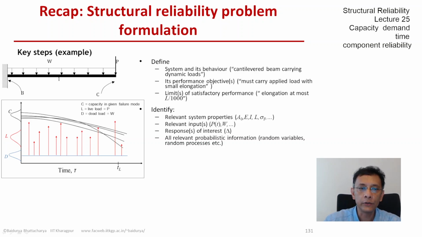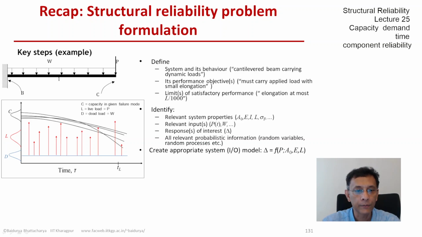We also need to know, for each of those variables, if they're random, their entire probabilistic description. And the important point is that if there are time varying quantities like loads or degrading strengths, we need to have knowledge of that in terms of the underlying mechanics.